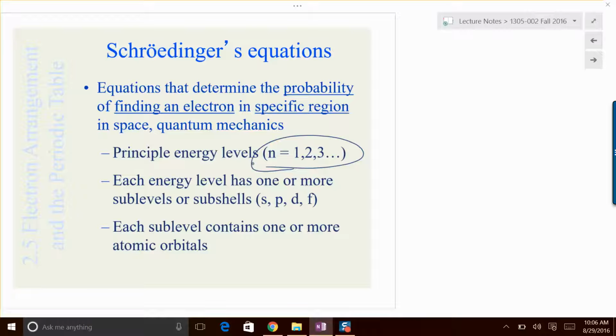This first one is what? S. This one? P. Good. Those are the SPDFs of the periodic table. And all you have to do to write an electron configuration is read your periodic table. It will tell you where the electrons go.